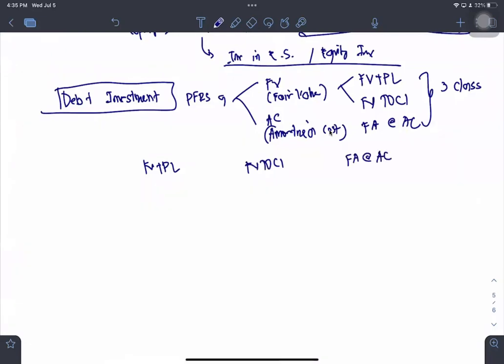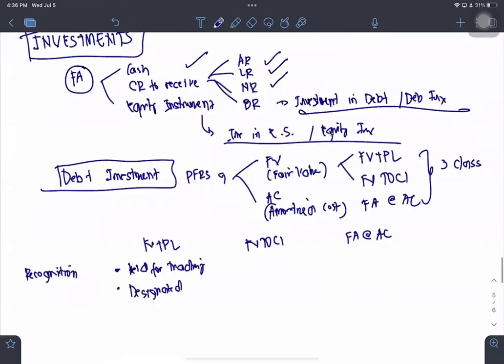Now, let's look into their differences. The first difference is your recognition. The debt investment is considered FVTPL if it is held for trading, or it is designated as FVTPL.